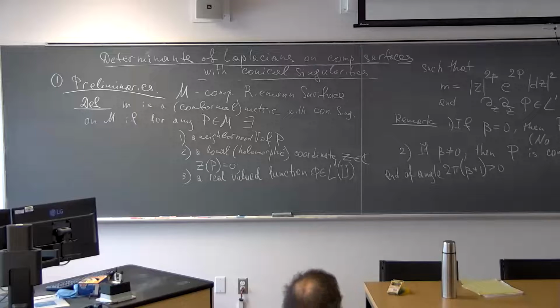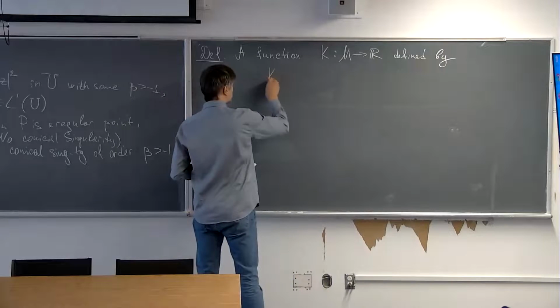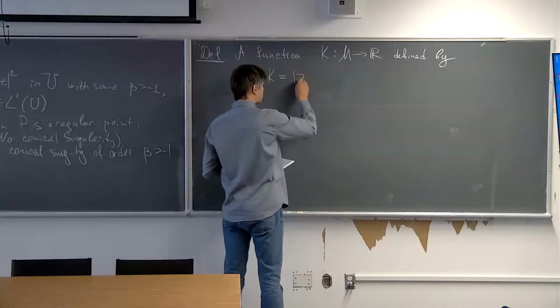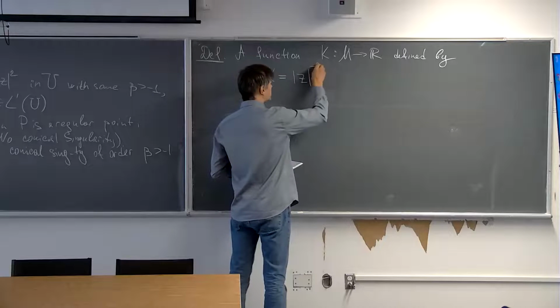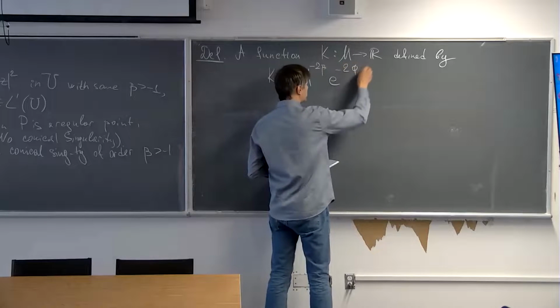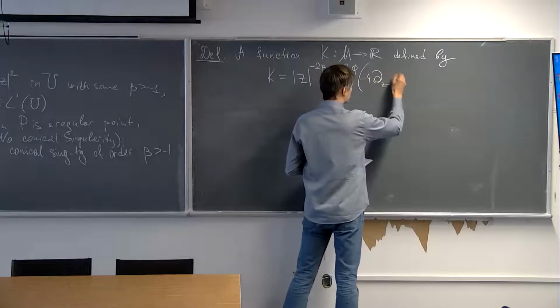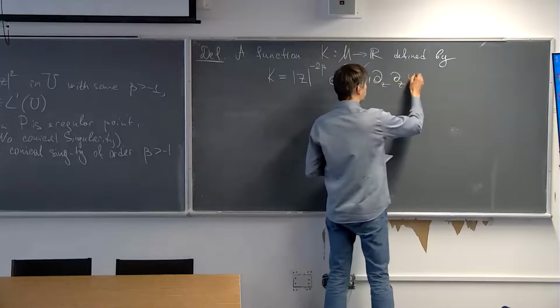So a function K, which is from the surface to R, defined by the following equality. So K is absolute value of that to the power -2 beta, then e to the power -2 phi, then -4 z bar of phi.